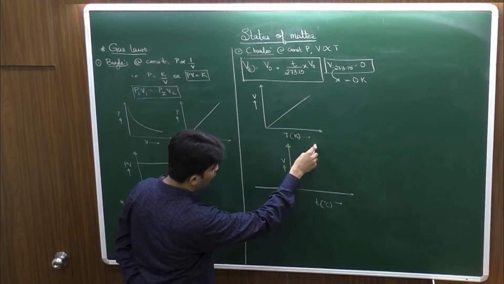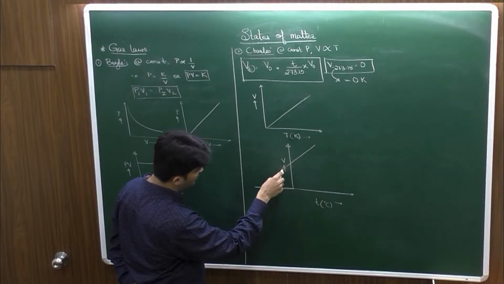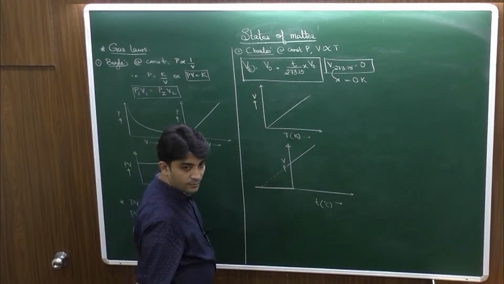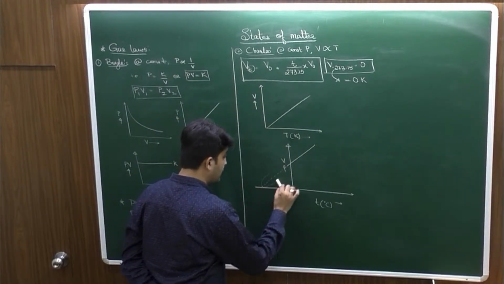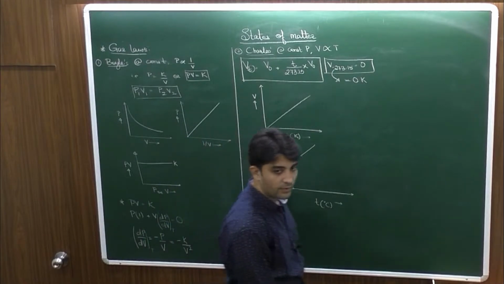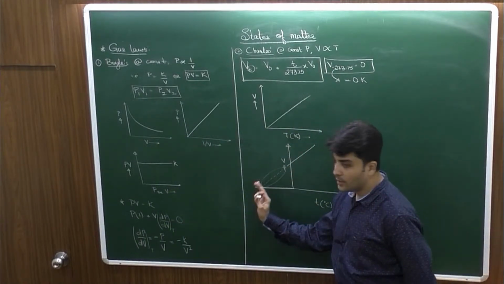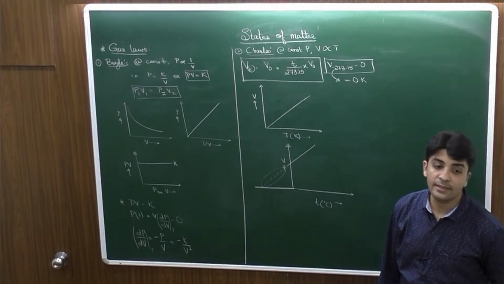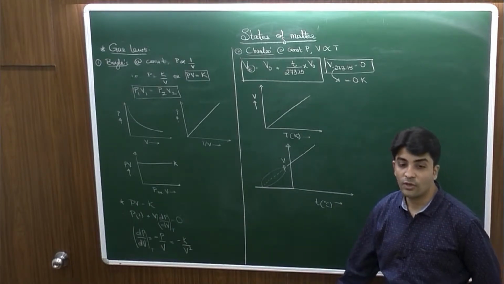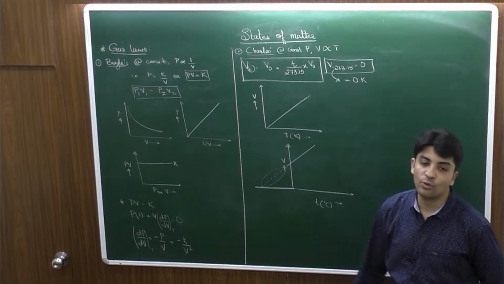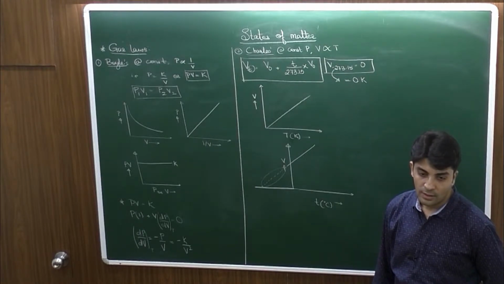So the graph for volume versus temperature here will be like this. Now they also ask you why dotted lines are drawn in this graph. The dotted lines are because at the lower temperature, the gas molecules are getting liquefied or solidified. The behavior is no longer similar to gas molecules.